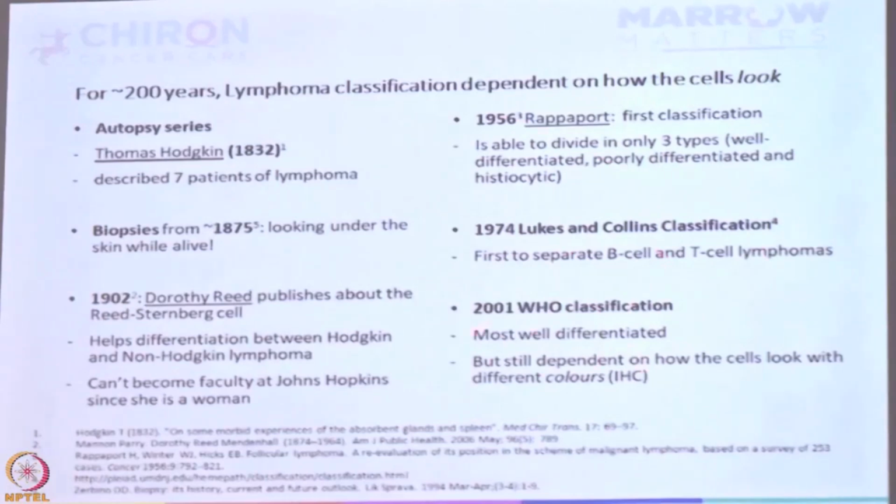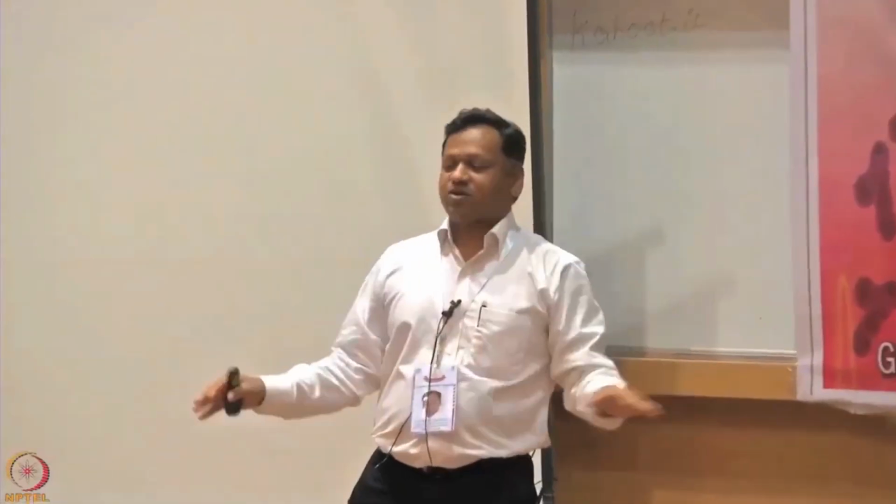But until this point, you can imagine, 2001 is when I first passed my MBBS. So, until I passed my MBBS, lymphoma diagnosis was based on how the cells look under the microscope. That is it, restricted to your sensory perception. Nothing inside is understood.